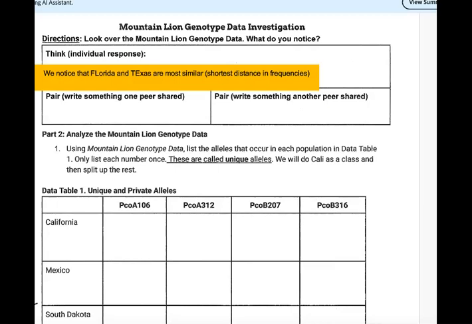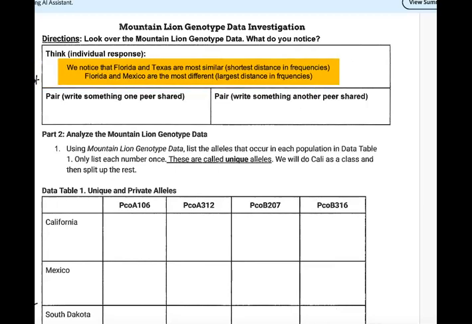And Florida and Mexico are the most different, and they have the largest distance in frequencies. Let me fix my spacing here. Okay.